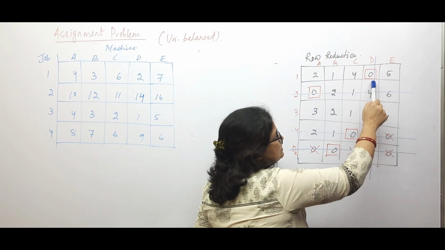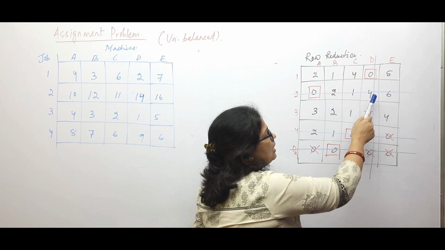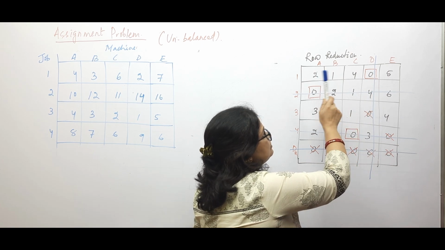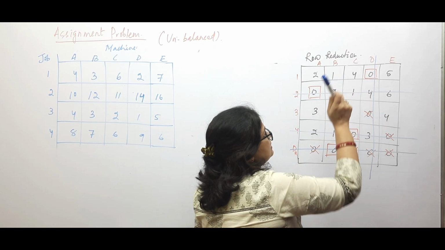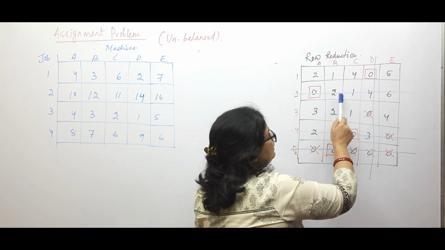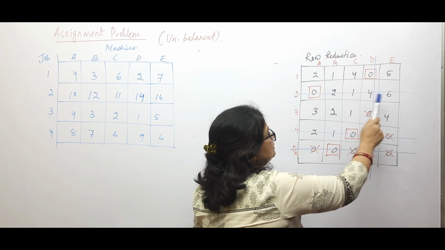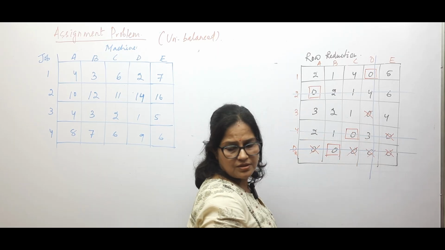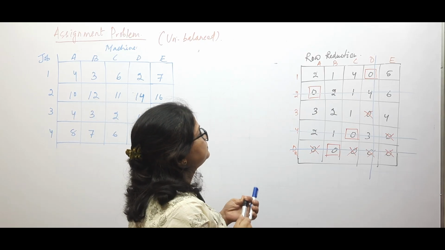Where there is an intersection between the lines, in that cell we need to add that value, and we need to subtract the value from the uncovered cell. There will be no change for the value on which a line exists. So let us draw the table.